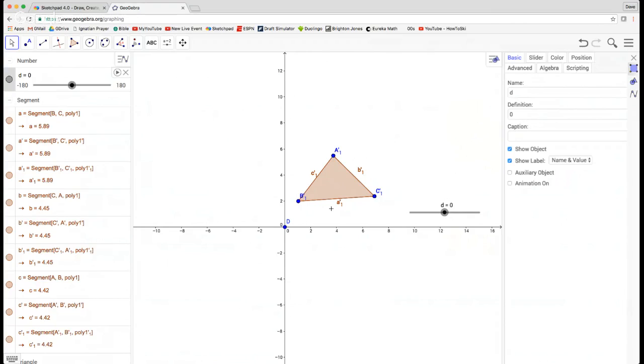And now one thing to notice is if you go counterclockwise, that's going to be positive. We're going to call that positive degrees. So check this out. And if we go clockwise, it's going to be negative. Why clockwise is negative and counterclockwise is positive? It's just the way they decided to define it.